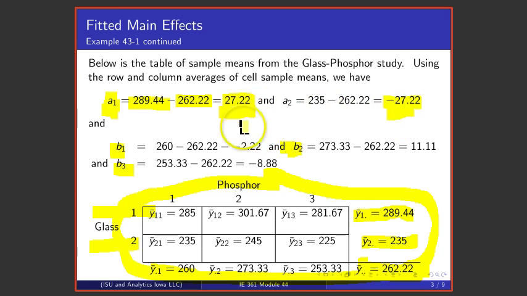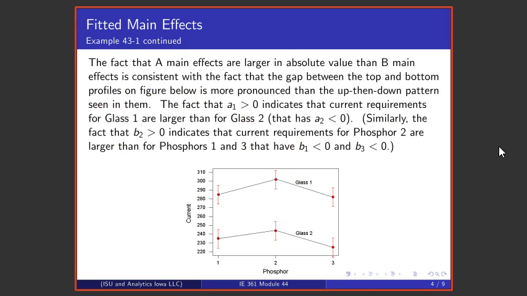Notice that those two things add to 0. That's a consequence of the way these definitions are made. If one was careful to carry these things out to an infinite number of digits, these three would also sum to 0. Fitted effects of A sum to 0, fitted main effects of B sum to 0.